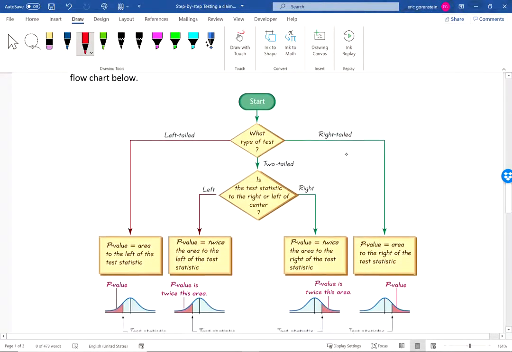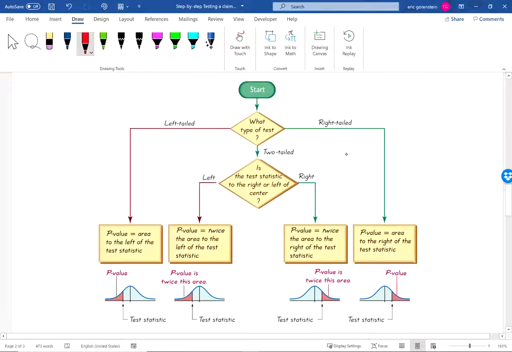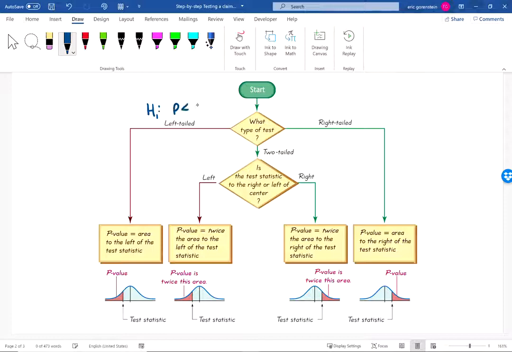Now, in terms of finding the p-value, just follow this flow chart. So is it a left tail test, in which case the alternate hypothesis would be p is less than some number c? You say the p-value is the area to the left or outside of the test statistic.